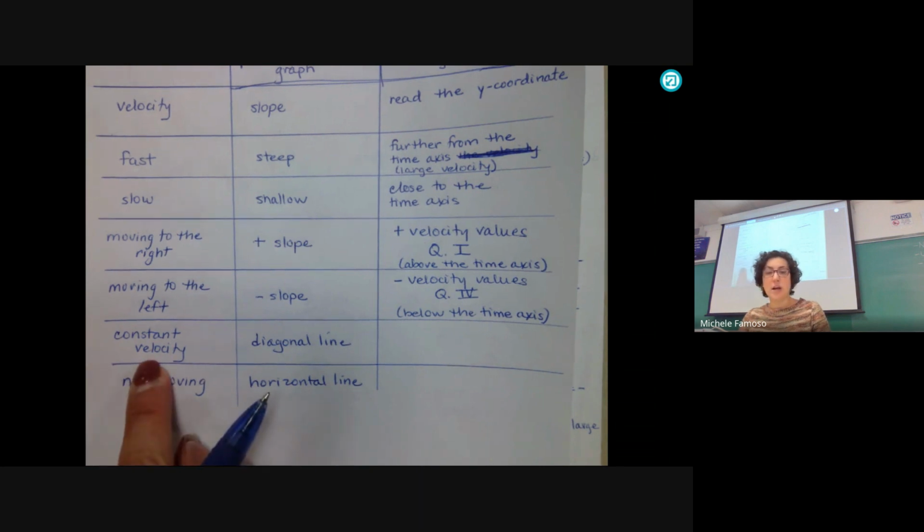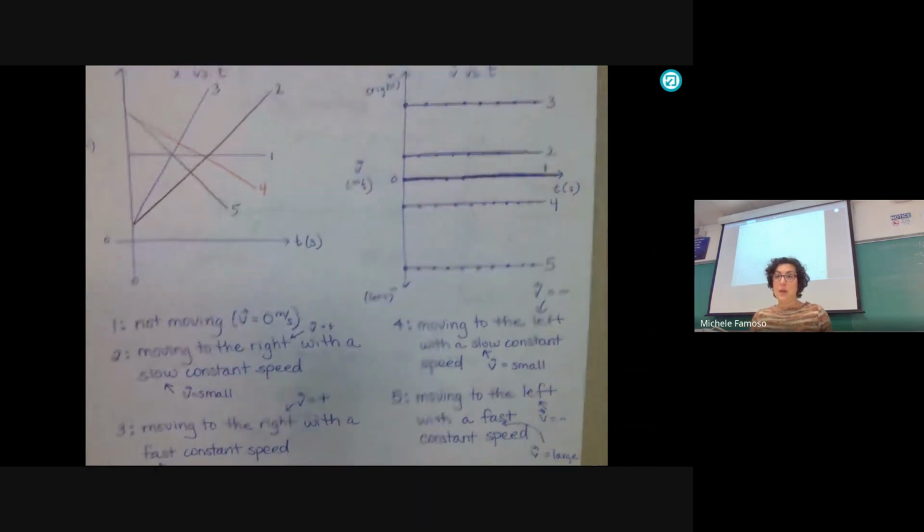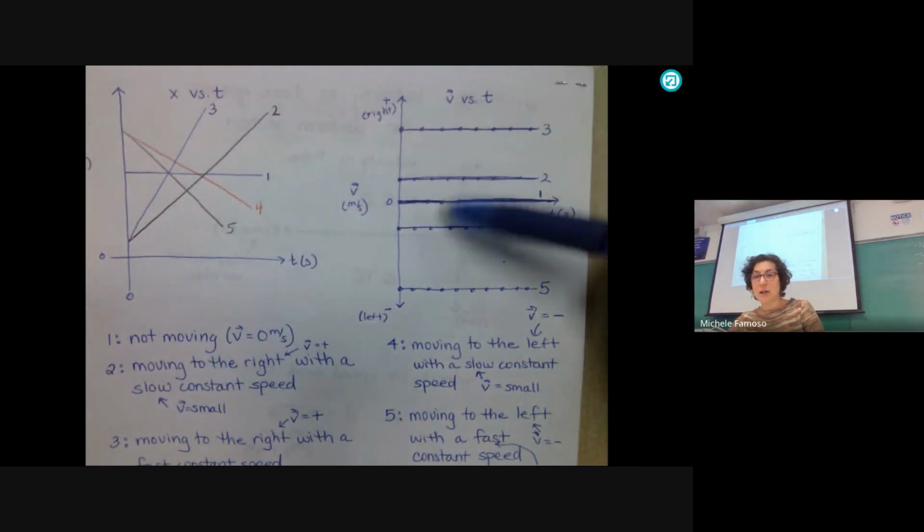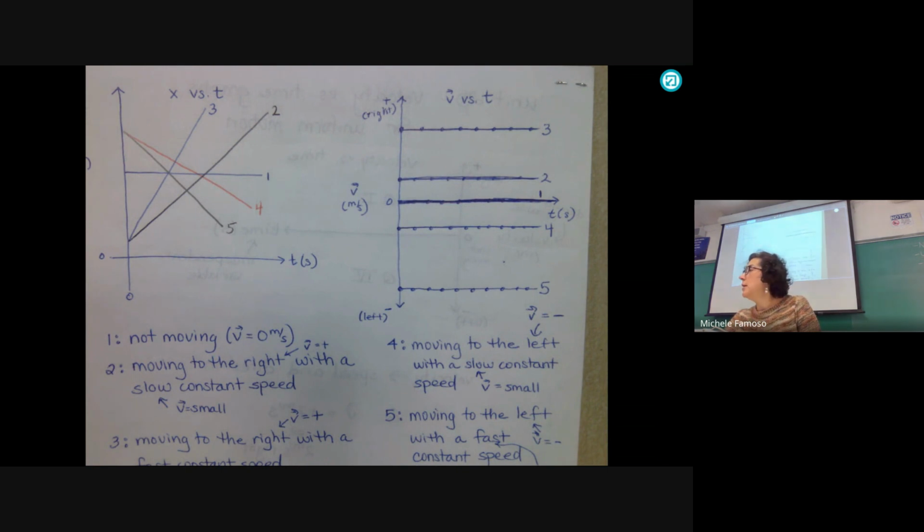All right, let's now talk about if we're moving with a constant velocity. Which objects on our velocity time graph were moving with constant velocity? No, not all of them. Jack? Yeah, all of them but 1.